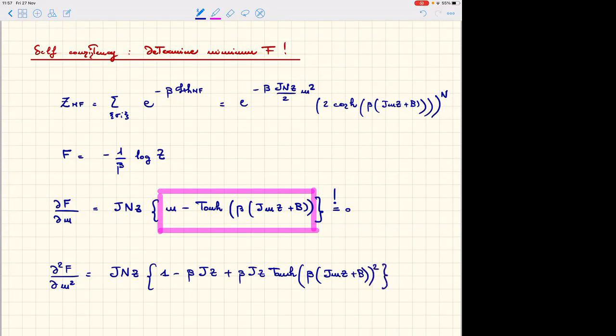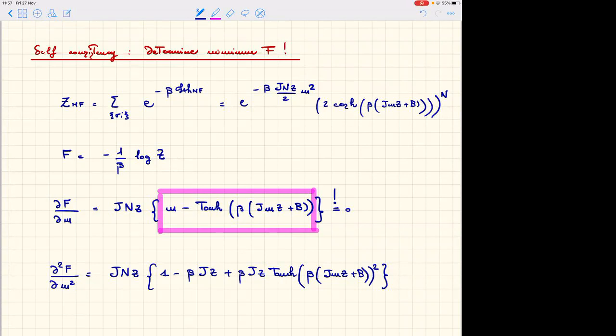Student: Professor, can you repeat why we have to find the extrema of the free energy? Well, that is something we obtained in thermodynamics when we defined the Helmholtz free energy. Since the Helmholtz free energy is always decreasing when you make any transformation, the equilibrium states are the minima.